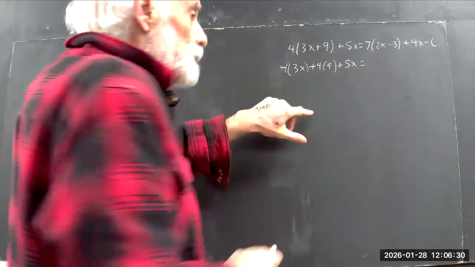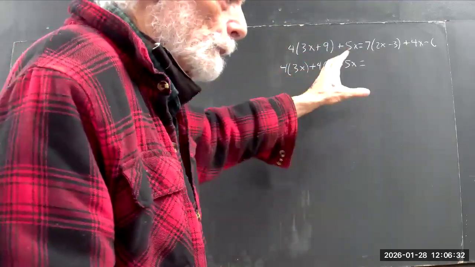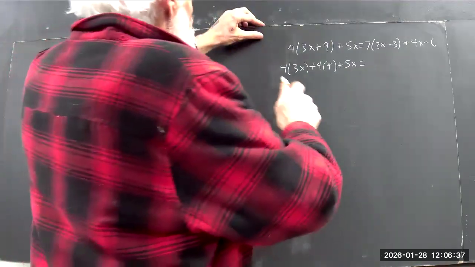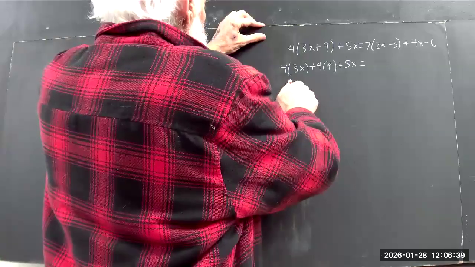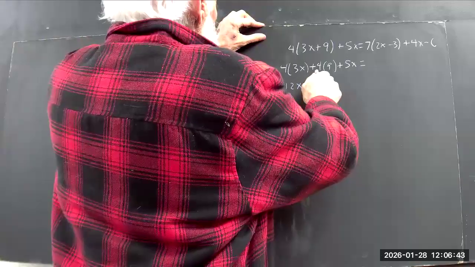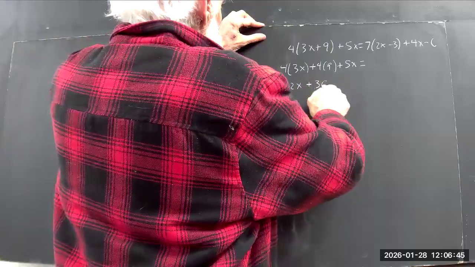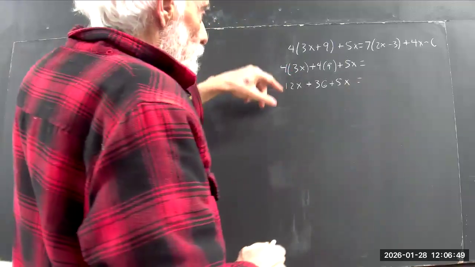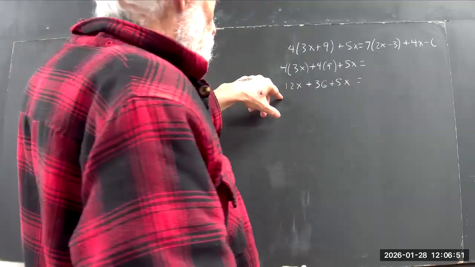I'll continue simplifying the left-hand side because I'm not going to mix the sides until we have everything as simple as we can get it. So we have 4 times 3x is 12x, plus 4 times 9, which is 36, plus 5x. So there's the next step on the left-hand side.